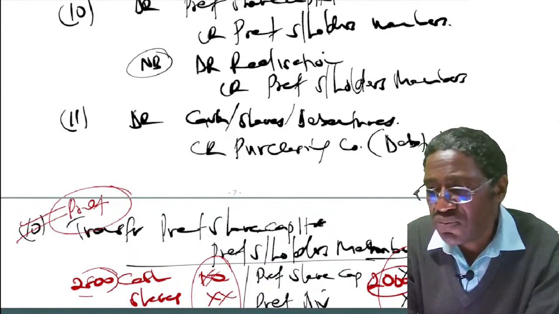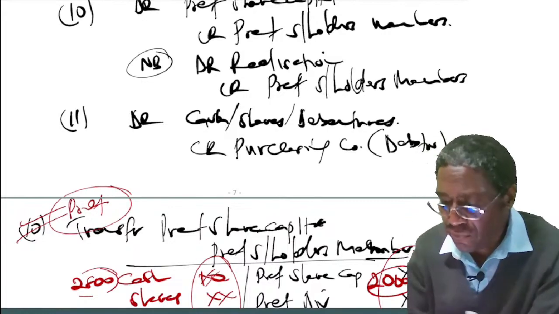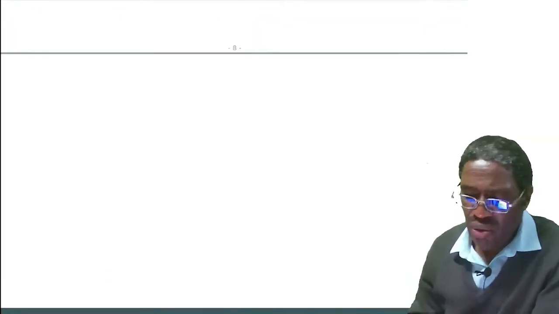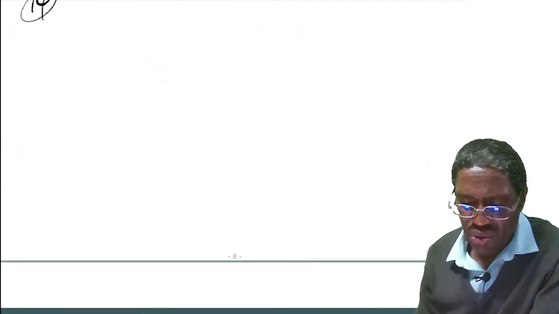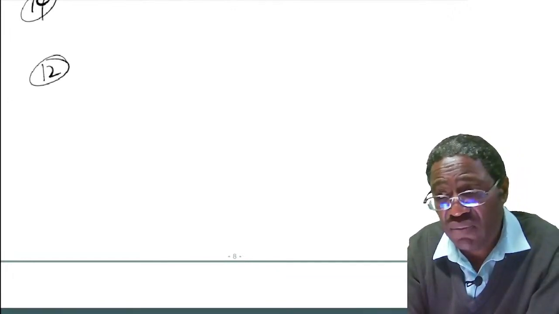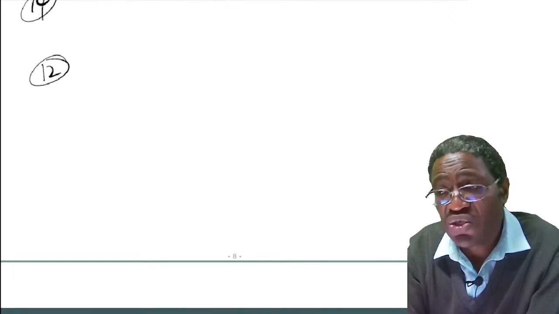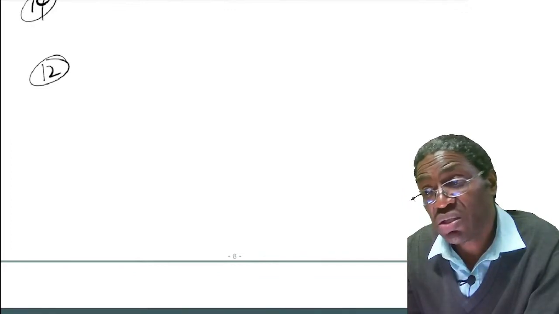So finish, we go to step 12. Number 12, pay the preference shareholders what is due to them, either in form of cash, shares, or debentures.